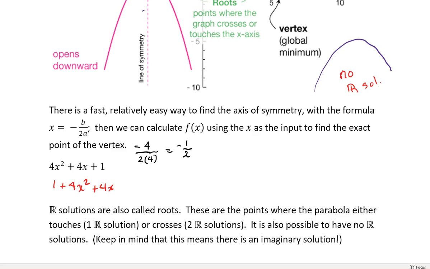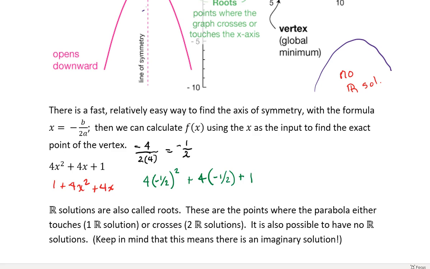Let me change the color so we understand that there's something new going on. There's a 4, and then I have x squared with a negative 1/2, squared, plus 4 times negative 1/2, plus 1.